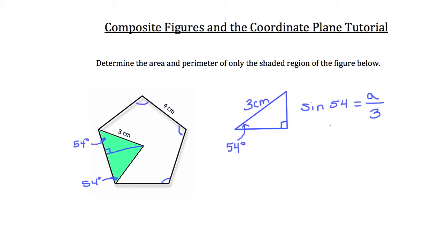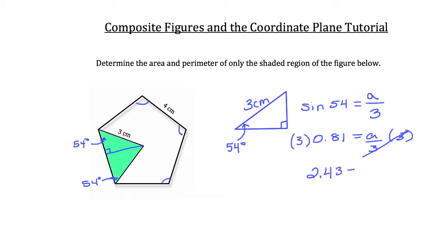So what we want to do first is just find the sine of 54 degrees, which has a value of 0.81. And that's still equal to our apothem divided by 3. So we want to solve for our apothem, so I'm going to multiply by 3 on both sides of the equation, and we're going to have 3 times 0.81, which is 2.43.